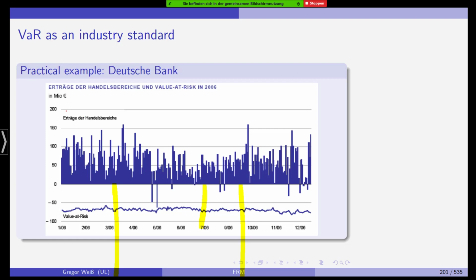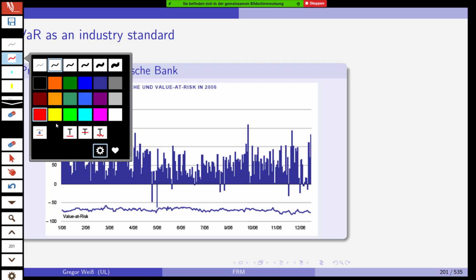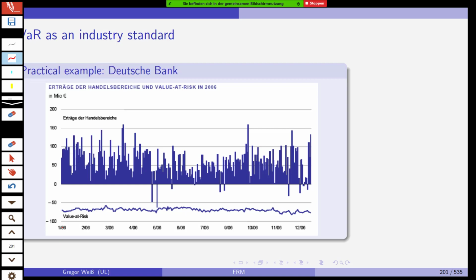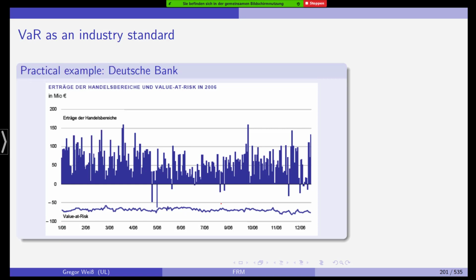The next question is, what is an optimal value at risk model? If this is, for example, a 99% confidence level model, well, I would say this isn't really perfect, because ideally it would probably look like this.